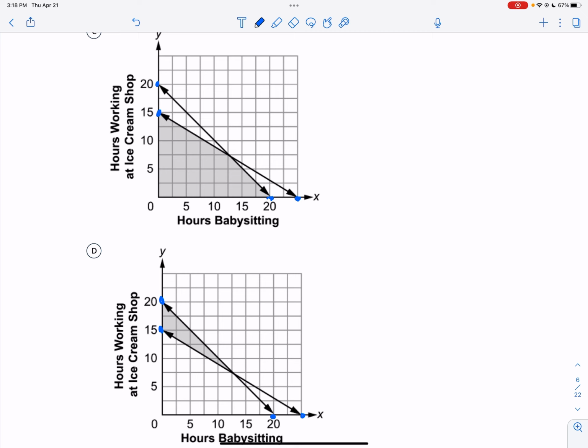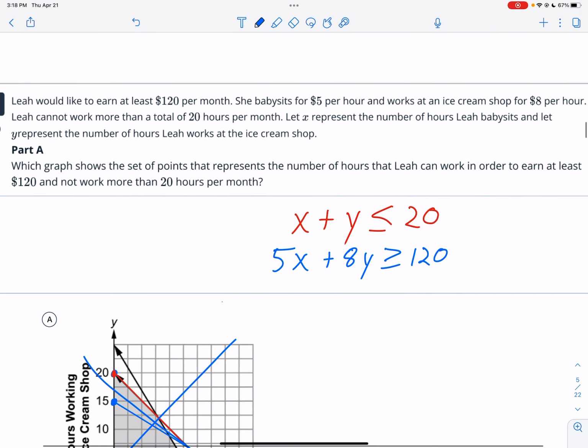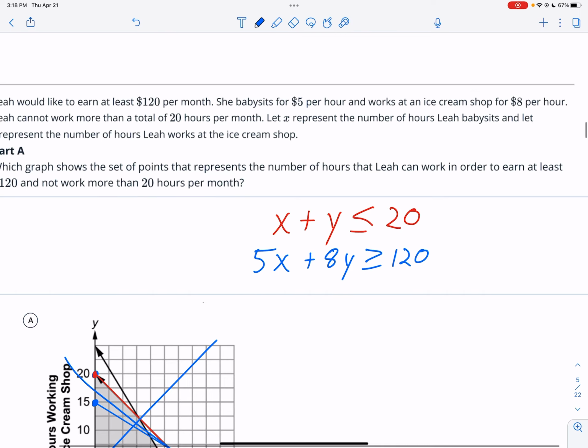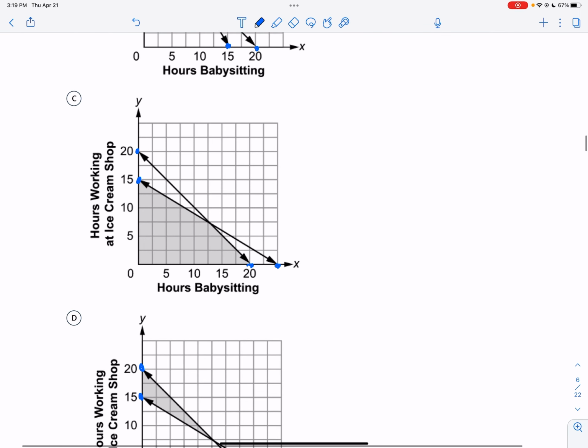So in this case, let's say I have one of my lines. It might be this one. So my y-intercept was 20. I'm going to do this one in red. I don't remember which one I did it. So this one is that line, and the other one is the other one.